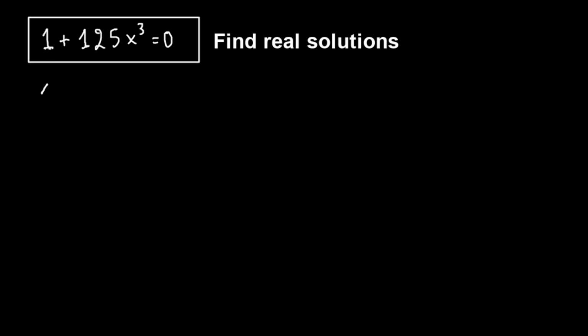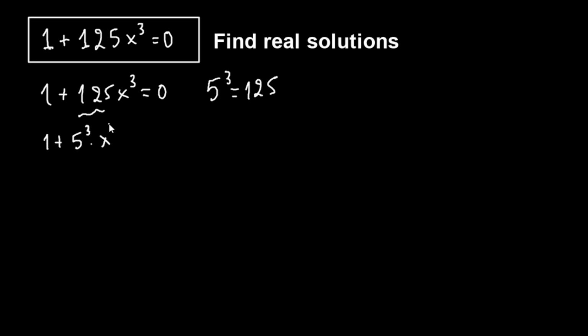So we have 1 plus 125 x to the third equals 0. 125 we can write as 5 to the third power. So we have 1 plus 5 to the third times x to the third equals 0.